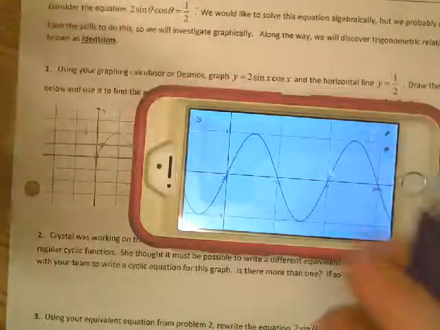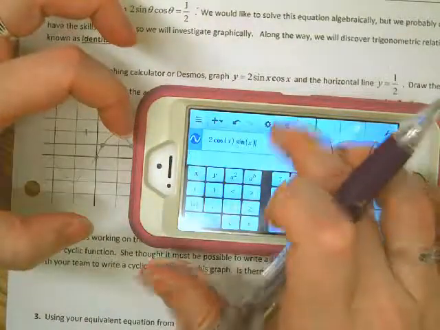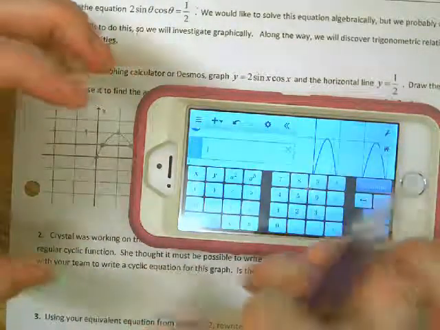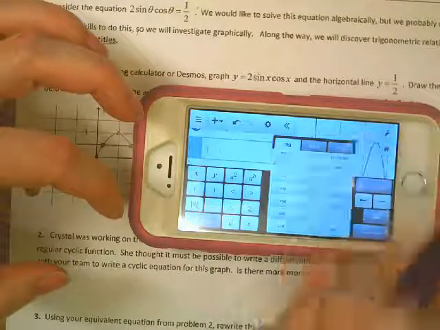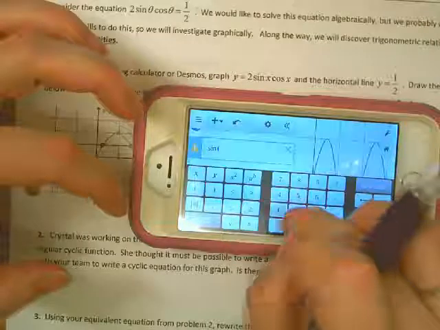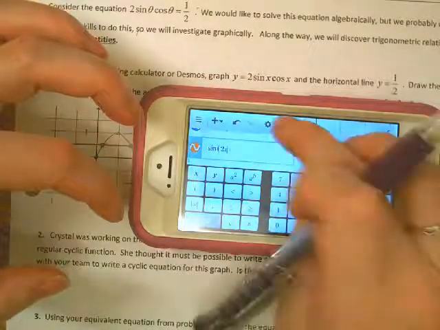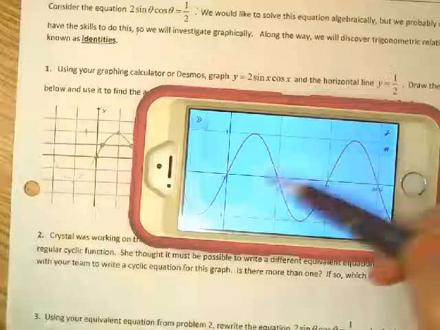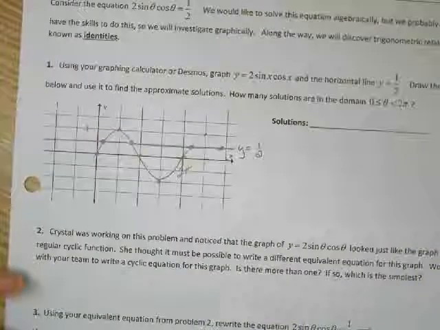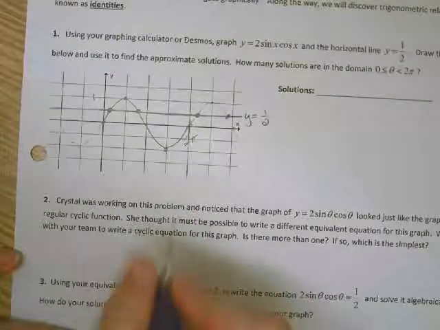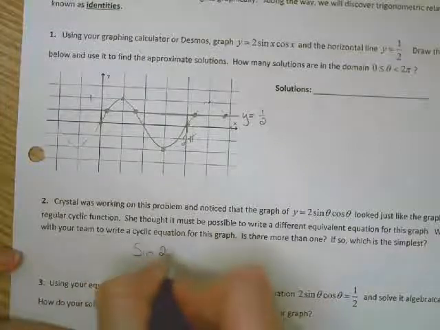So if I look at this 2 sine x cosine x and I make a different one, that's my hypothesis that this is actually just the sine of 2x, because I have a frequency of 2. Then as you notice, the orange went over our original one. So as it happens, the simplest form there is sine 2x.